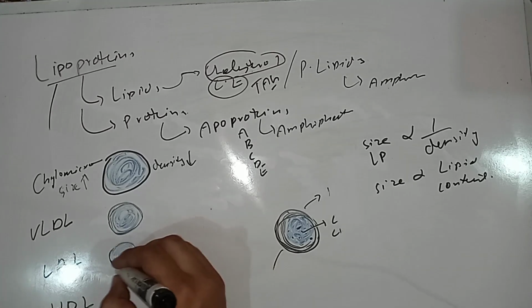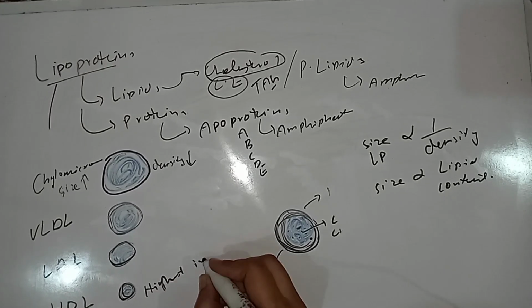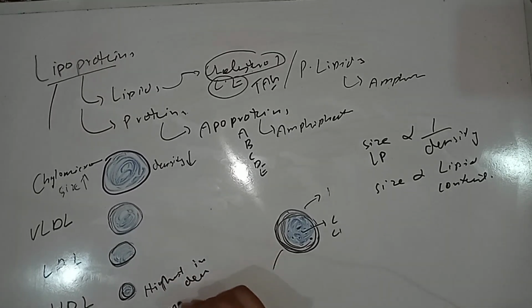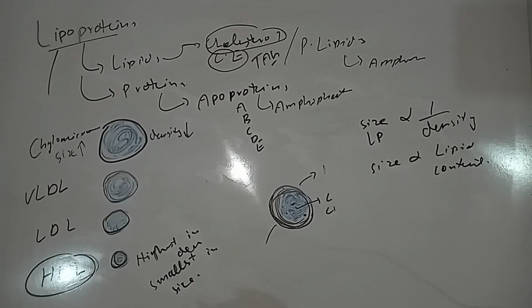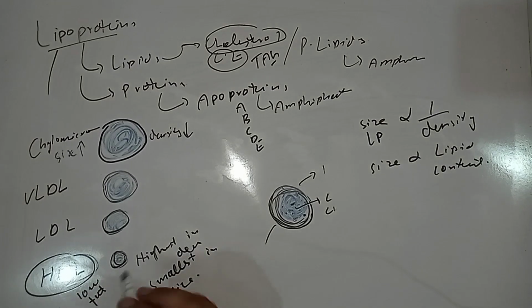Next we come towards high density lipoprotein. High density lipoprotein is smallest in size and highest in density. So high density lipoprotein has low fat content, and it has high protein content.